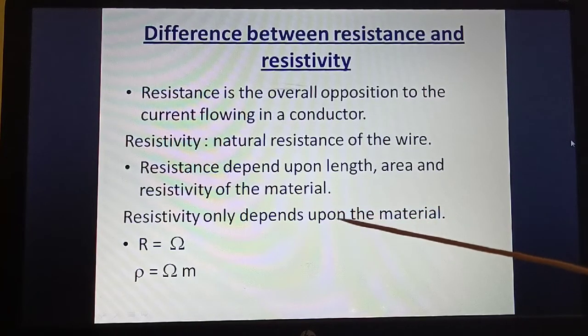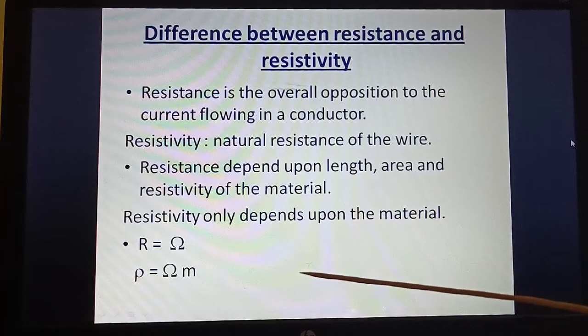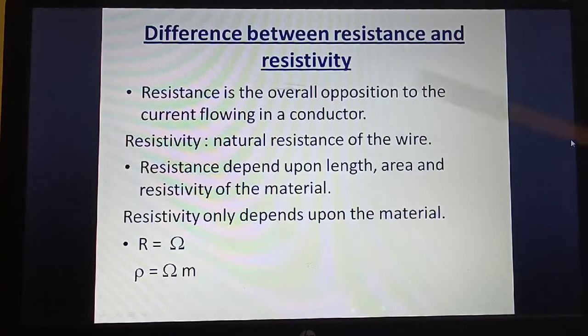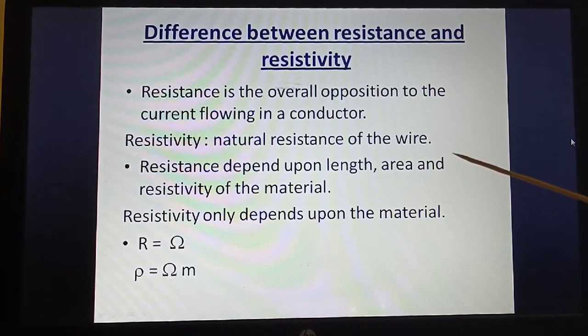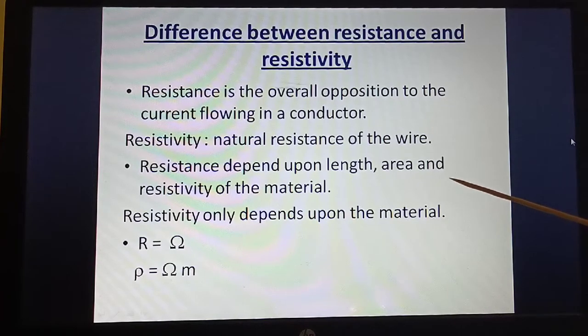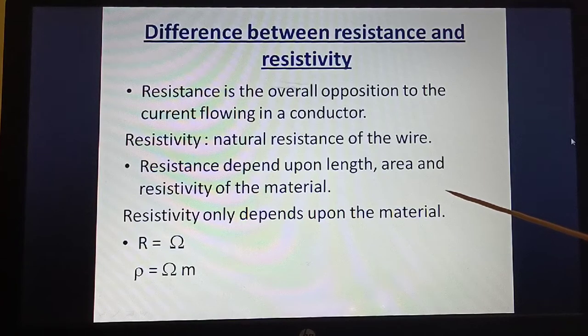The SI unit of resistance is ohm, whereas resistivity is ohm meter. So these are the differences between resistance and resistivity. Remember, resistance is the opposition to the flow of current, whereas resistivity is the natural resistance present in the wire, that is the resistivity of the material.